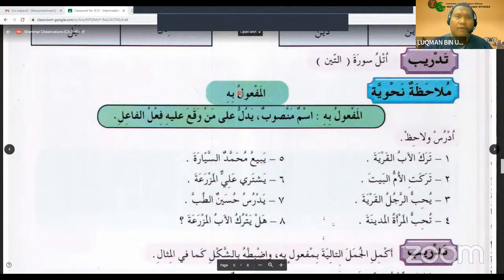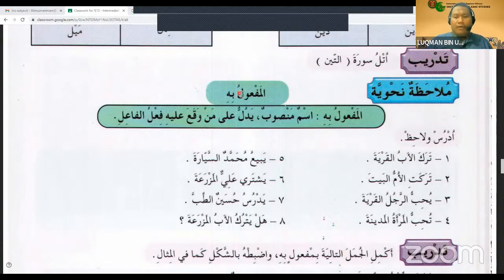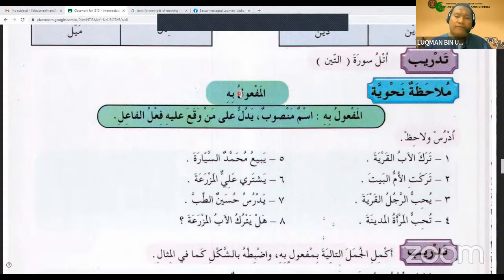So al-maf'ul bihi, direct object. Al-maf'ul bihi ismun mansubun. It's a noun in accusative case. Mansubun, accusative case. Yadullu ala man waqa alayhi fi'lul fa'il.